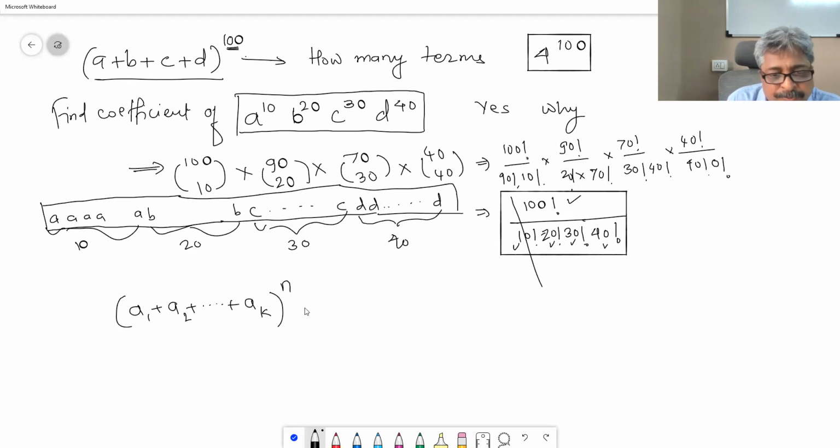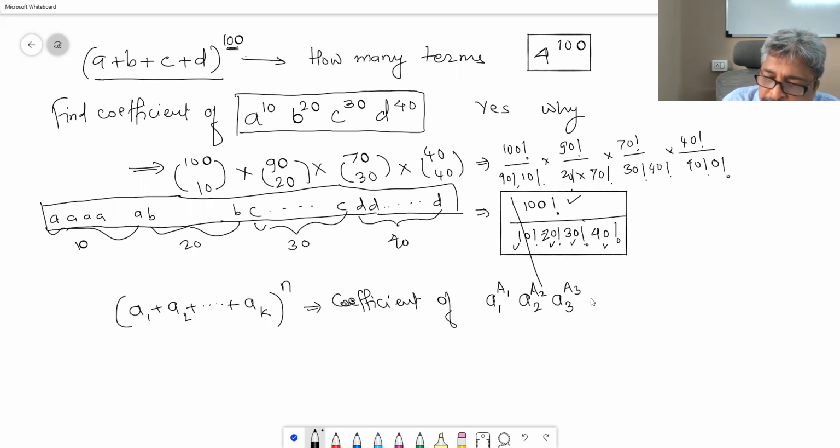In this expansion, the coefficient of a1 raised to α1, a2 raised to α2, a3 raised to α3, up to ak raised to αk, such that sigma αi equal to n. What does this mean?